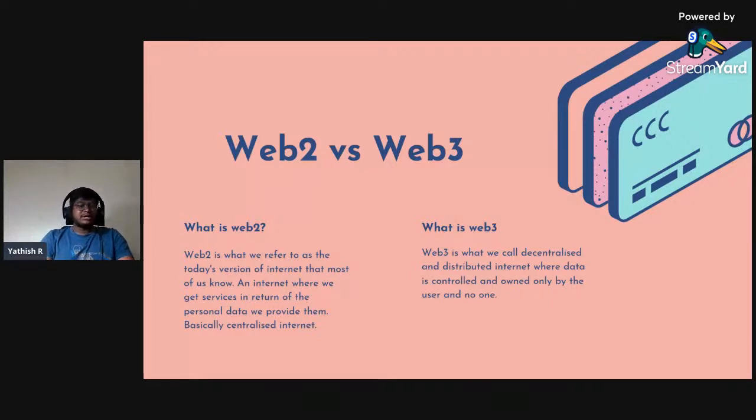And what is Web3? Web3 is what we call the decentralized and distributed internet, where data is controlled and owned only by the user. Just imagine you putting your information, you are the sole owner of it, and you can remove it at any point of time, and nobody is going to question you why you did that. There is no censorship. If you are in control of your data, who wouldn't want that?